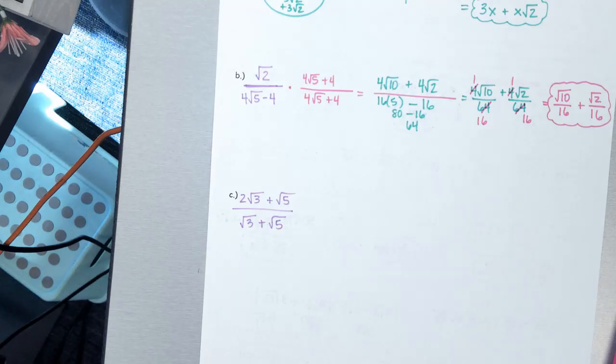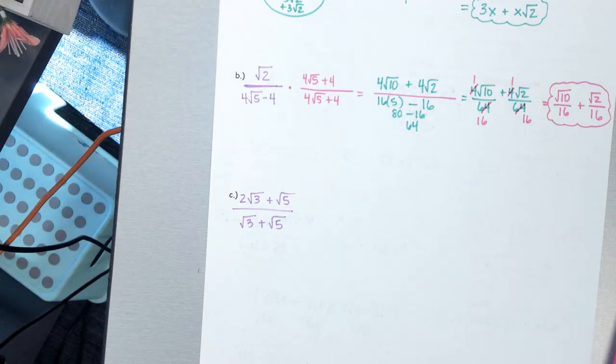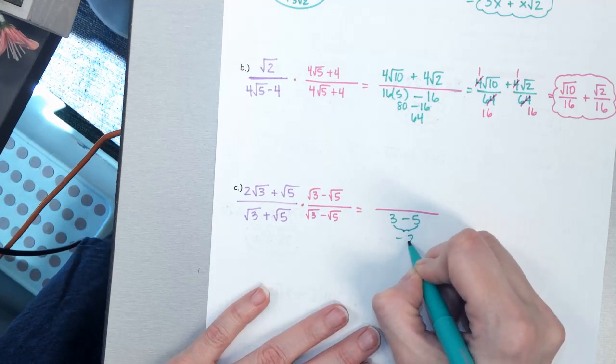Okay, so I want you to write what you're going to multiply by. And then we will FOIL and simplify.